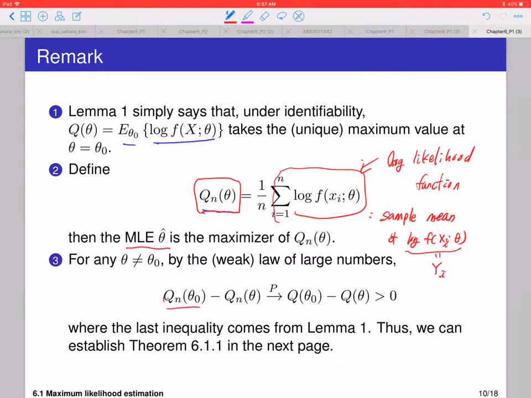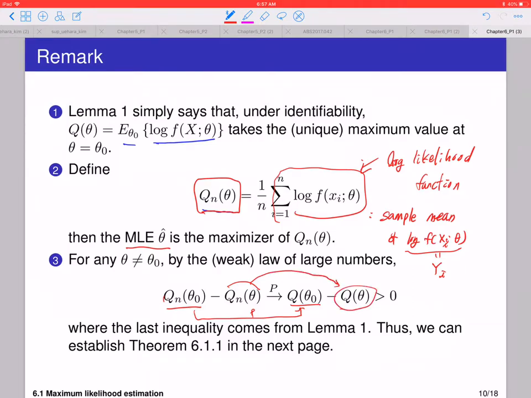So you can see that this one will converge to its mean, which is Q zeta null, and then also we'll have this one.